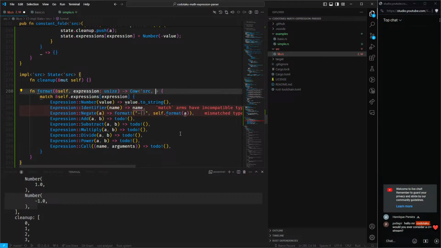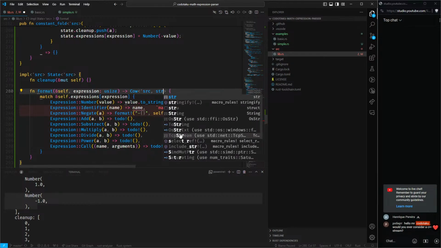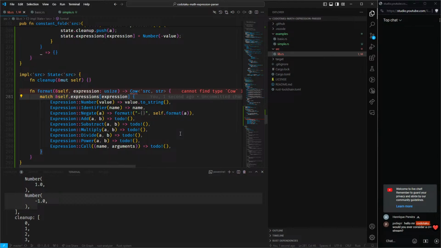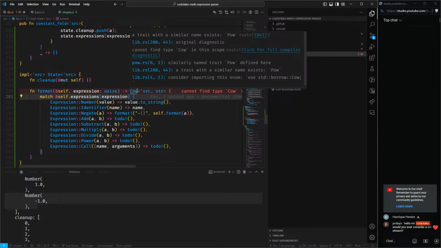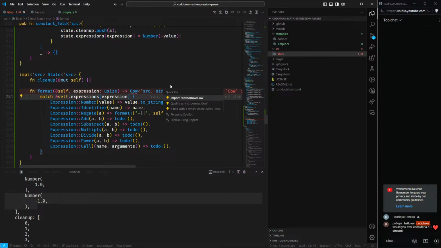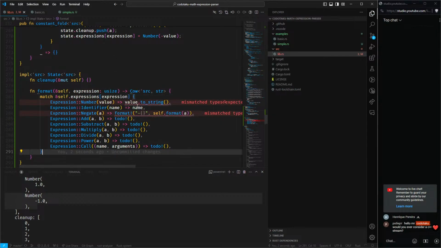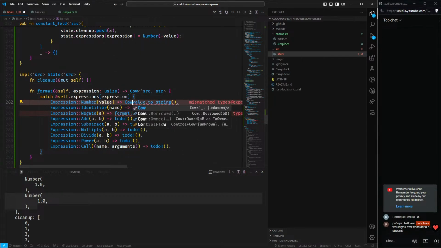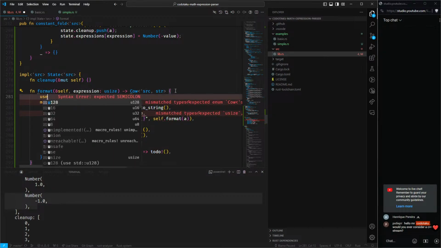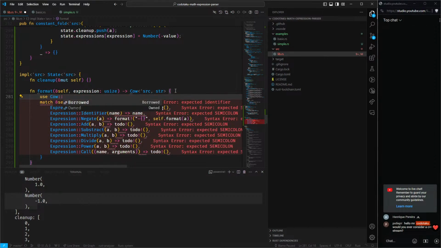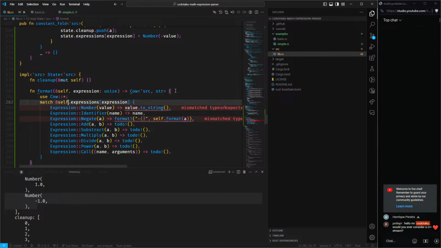So, how do you even do this? I think like this. Cannot find a cow. Quick fix, import. There you go. Cool. So now we're just gonna make sure to say cow. Or honestly, I'm gonna use all the cow variants. Right?